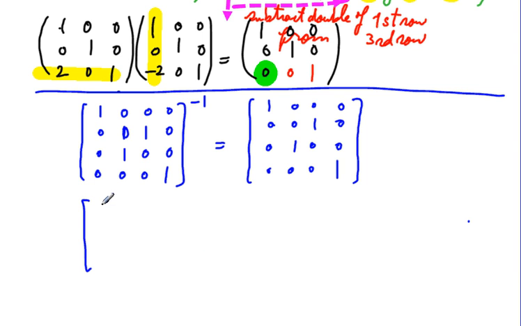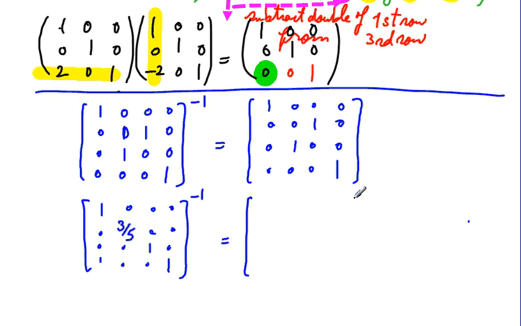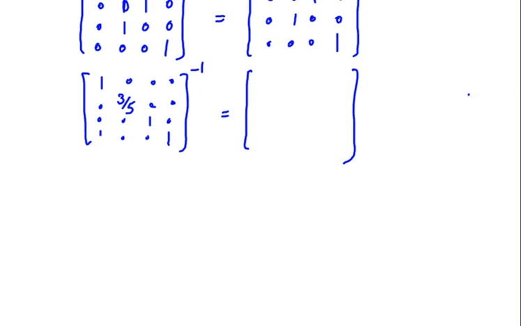Second type we saw is multiplication types. What's the inverse of that one? Just 5/3. Notice how different activities are.